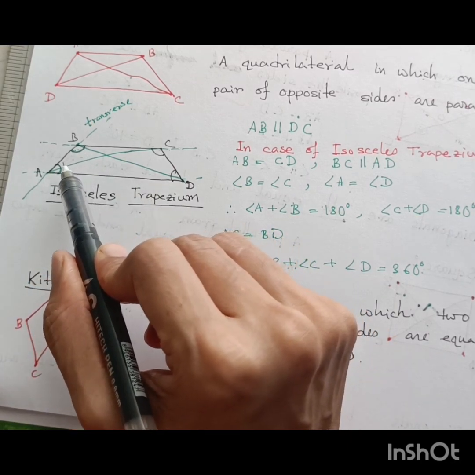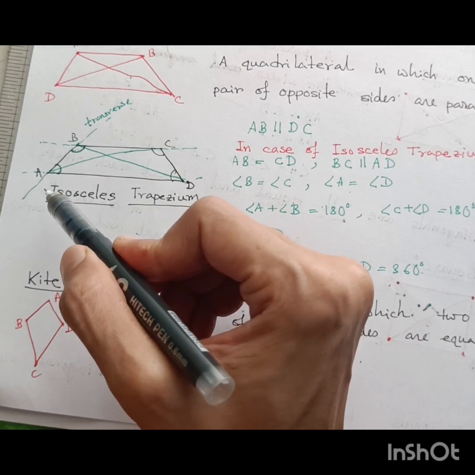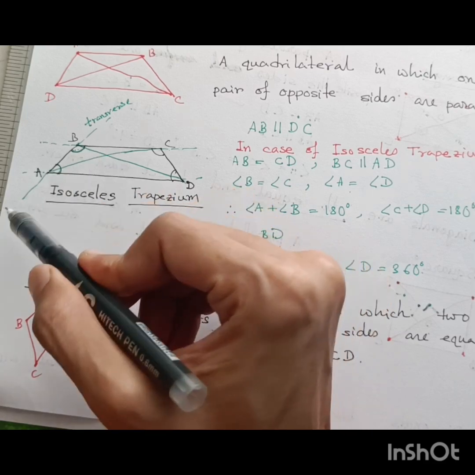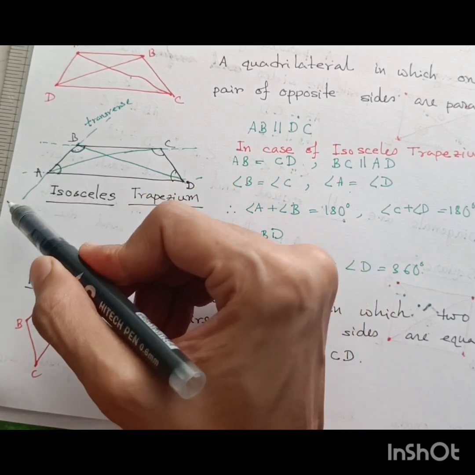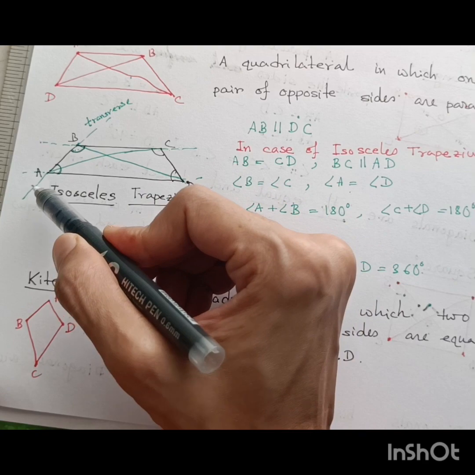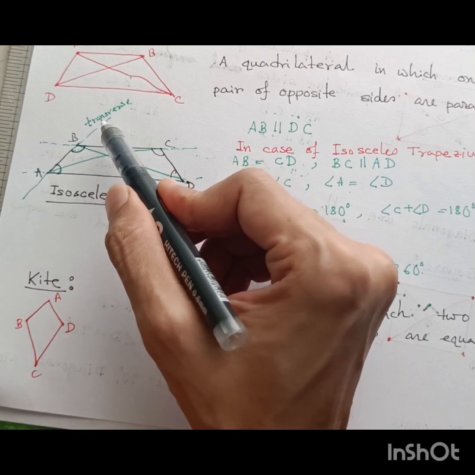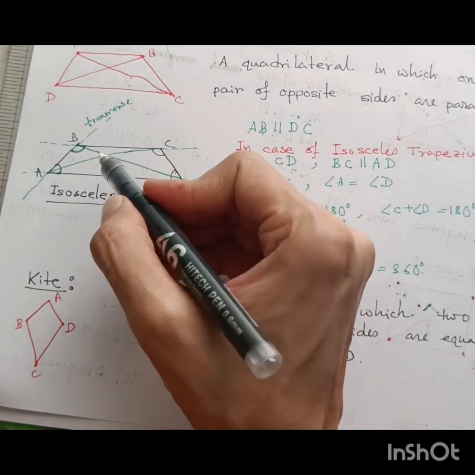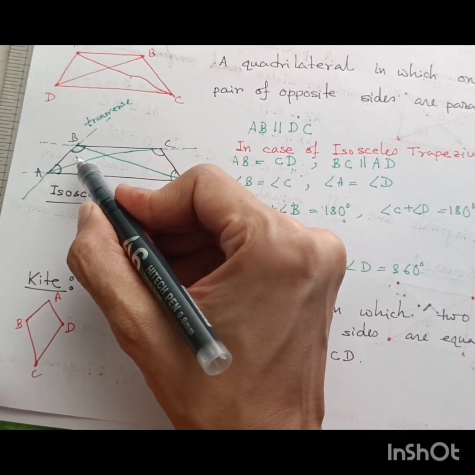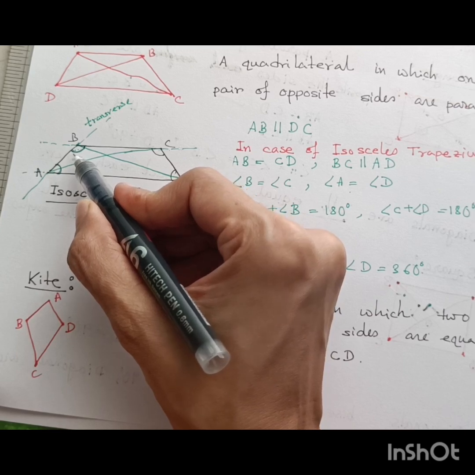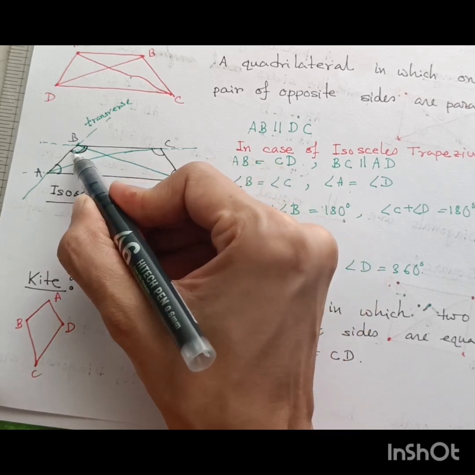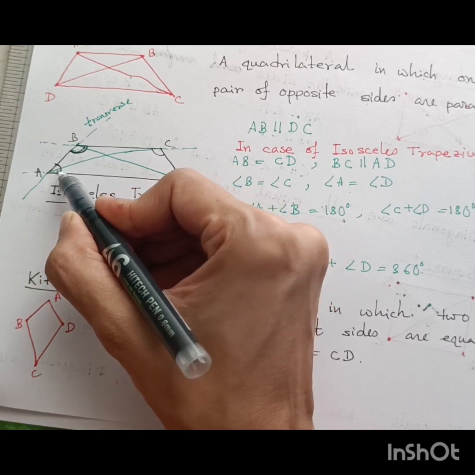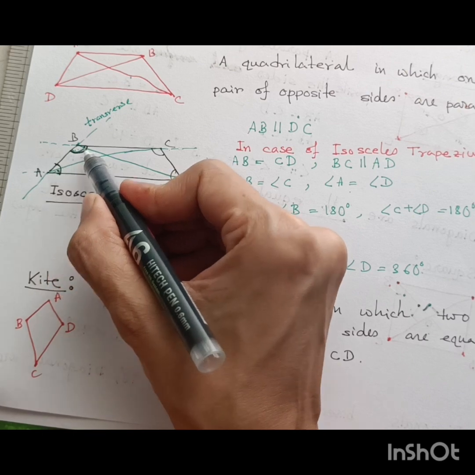When we draw a line and it cuts a pair of parallel lines, it is called a transversal. Here the extended line AB is the transversal for the lines BC and AD. So the internal angles made here, that is angle B and angle A, are supplementary.